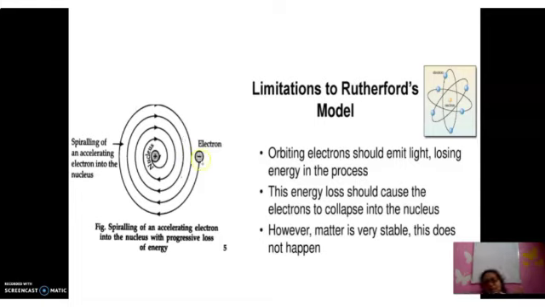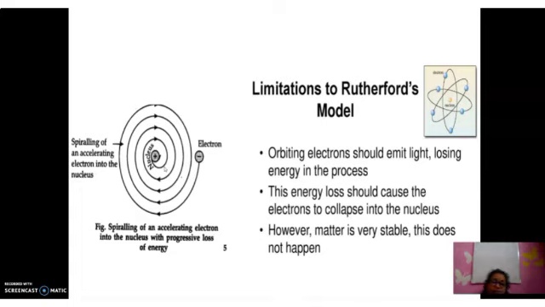Similar to this, if electrons are revolving continuously around the nucleus, after some time they should fall. If they fall, the atom will be unstable. Is it true? No. All matter is made up of atoms, and we know all matter is highly stable. An atom is stable. This is the major drawback of Rutherford model.